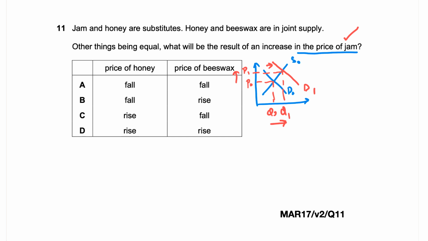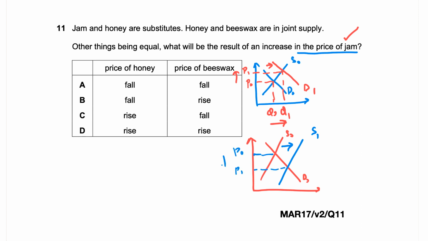If you look at the market for beeswax, if this is demand and supply, because beeswax is a byproduct of honey, supply will increase for beeswax, which would automatically mean a lower price in the market for beeswax.